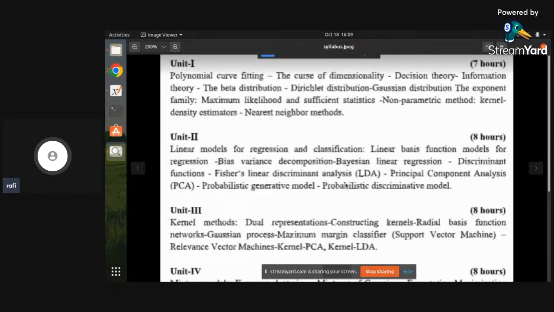There are two ways of looking into a pattern recognition problem mathematically. One is based on the linear algebraic perspective, and the other is the probabilistic perspective. We see that, and principal component analysis, probabilistic generative models, and discriminative models. These things are covered in the second unit, and the third unit is the kernel methods.